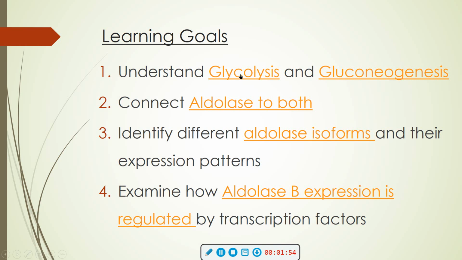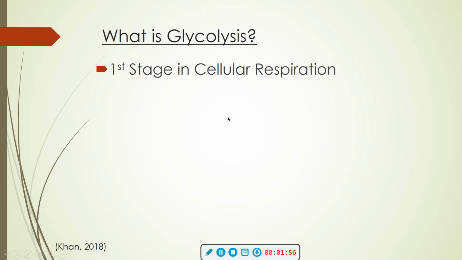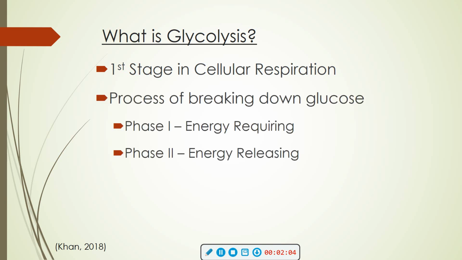So let's talk about the first one, glycolysis. So what is it? In the whole process of cellular respiration, this is the very first stage. The shortened definition is the process that breaks down glucose. It's going to take that glucose and change it into something that we can use, something that is present in our body.